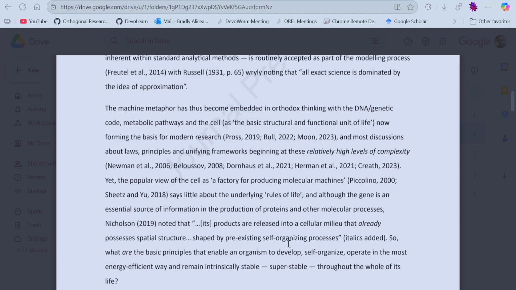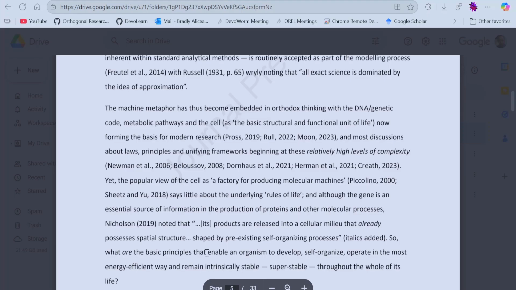There's all this existing self-organizing process that, when you have a process that evolves, or a process that you're measuring in terms of its molecular content, is organized around a lot of existing spatial structure. We have to take that into account in our models.